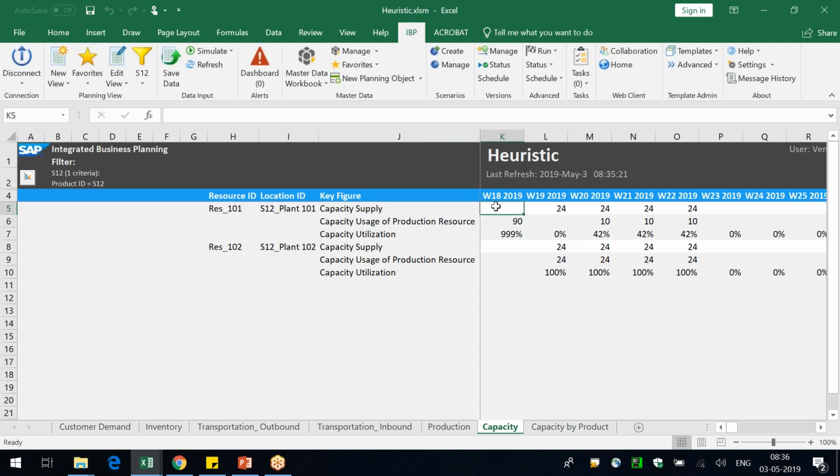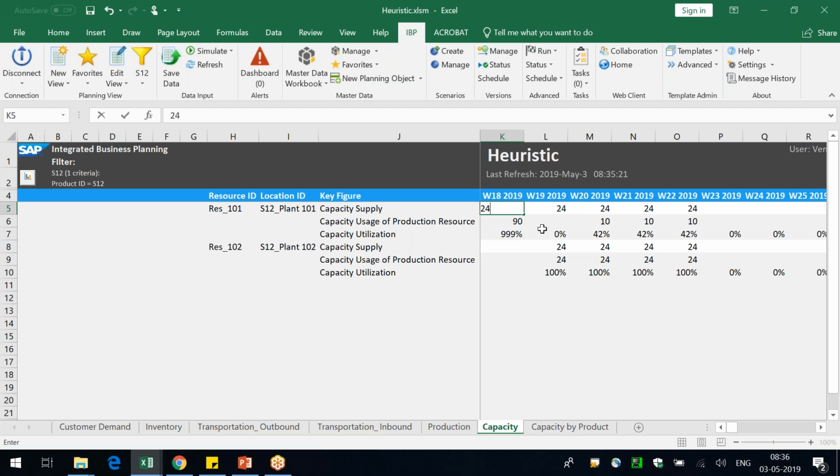Here there is no supply, that's why it gave 999%, which is not true, by the way. So if I maintain 24 here, then the utilization will come accordingly. If the supply is 24, usage is 90, that means it is almost 400% or something. Yeah, more than 400%. It's not 9999.